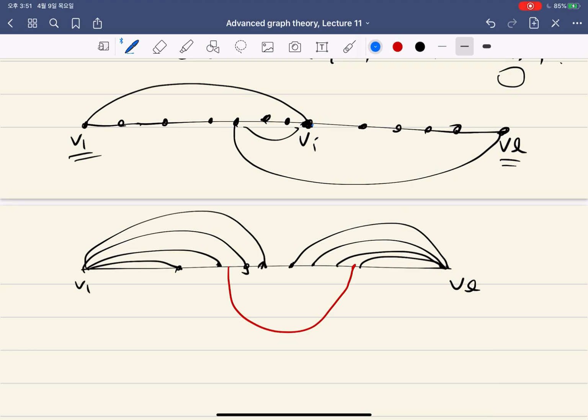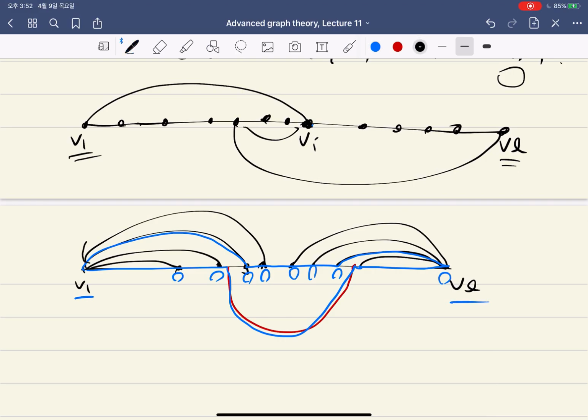then what we can do is we can take these cycles. Note that this cycle contains all of the neighbors of P1 and neighbors of PL, and P1 and PL as well.